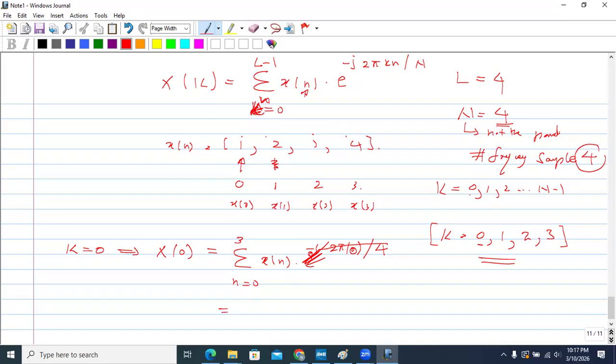So you have to expand this: x0 plus x1 plus x2 plus x3.